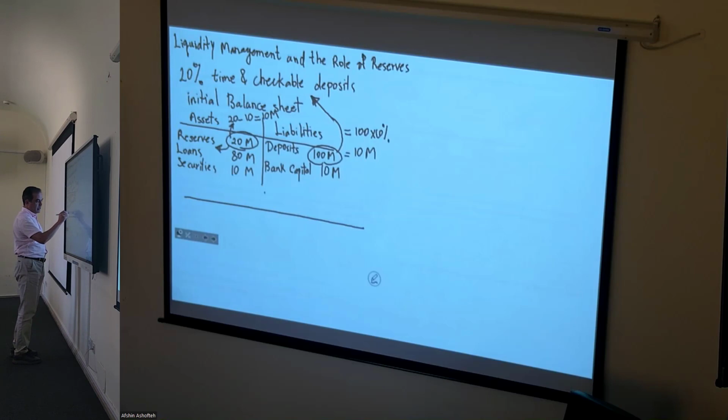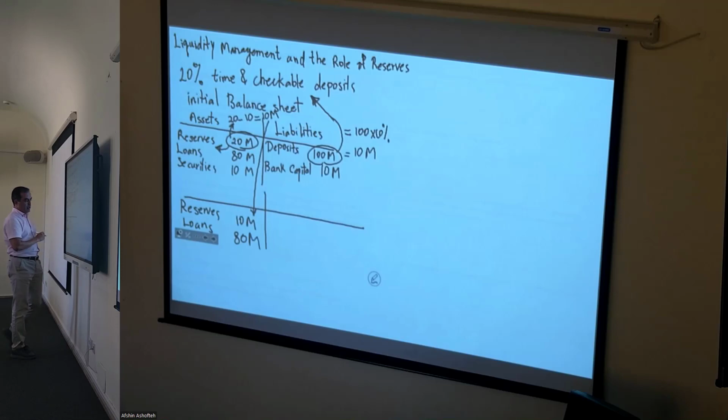The asset side and the liability side again. So we have the reserves again here. The reserves would be this 10 million. We would have the loans untouched, so 80 million, and the securities similar, 10, okay?